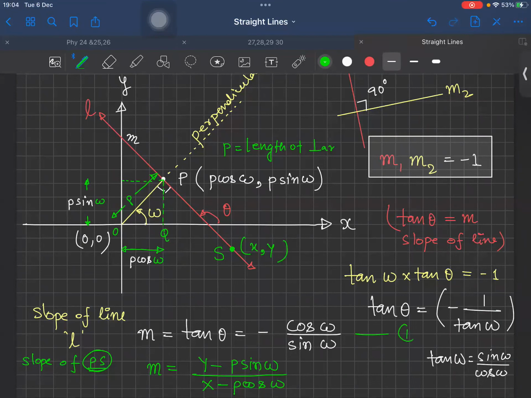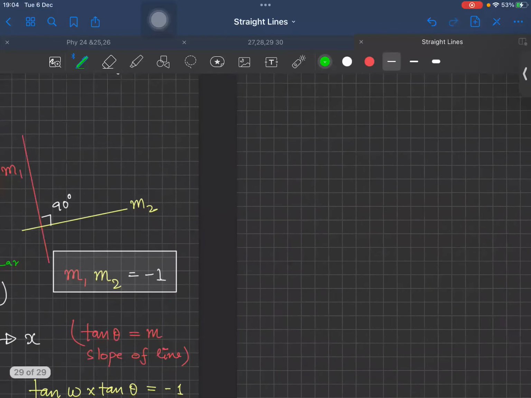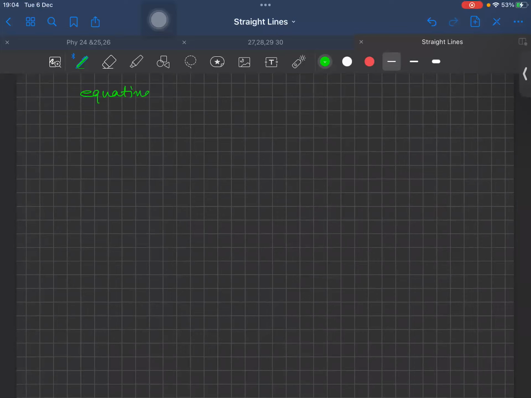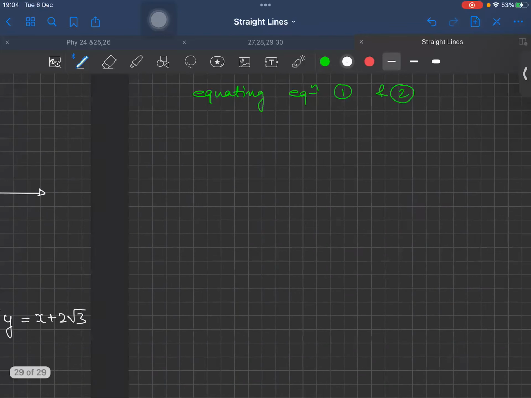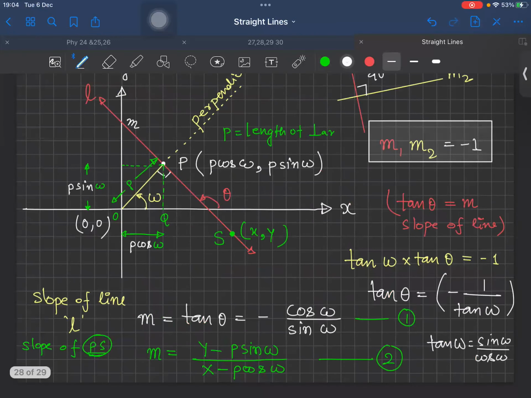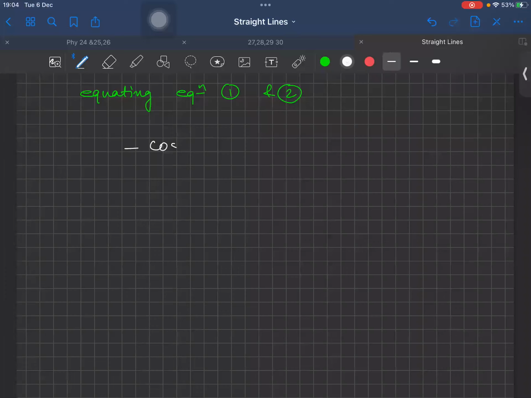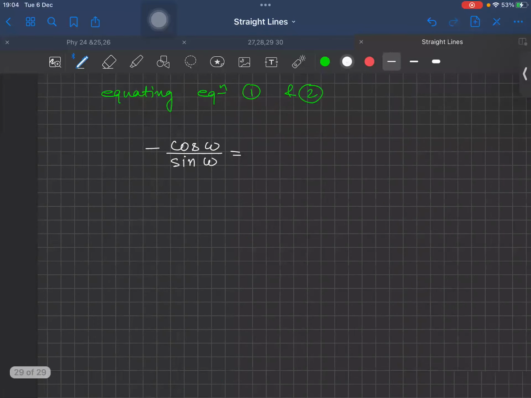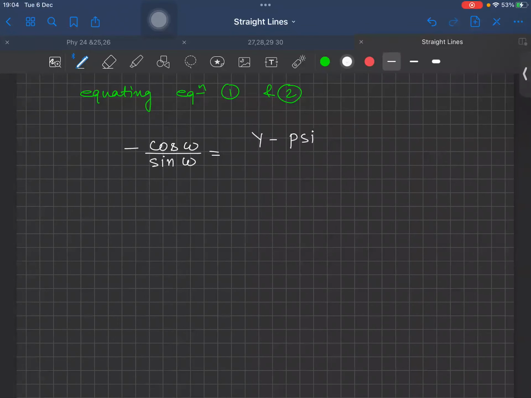So let's say this is equation number 1 and this is equation number 2. Slope will be same. So can we equate equation 1 and 2? If we equate these equations, what will we get? Minus cos omega upon sin omega will be equal to y minus P sin omega upon x minus P cos omega, right?